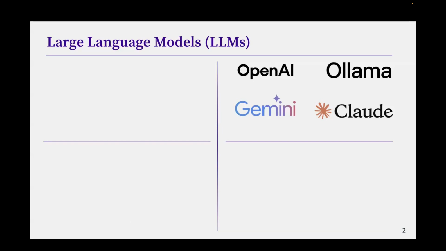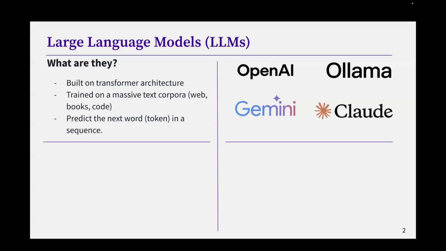I'm sure everybody has at least heard of large language models at some point recently. Jamie did a great job introducing them a minute ago, so I'll quickly run through this bit. They're built on the transformer architecture, and are trained on ridiculously huge text corpora, or image corpora if you're using vision models instead. But here we're focusing on text.